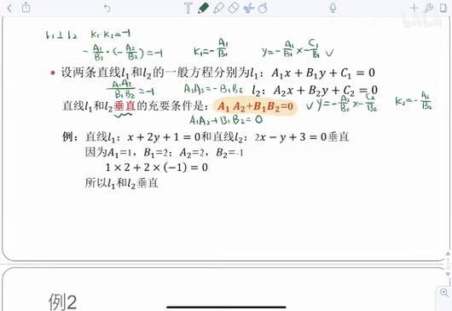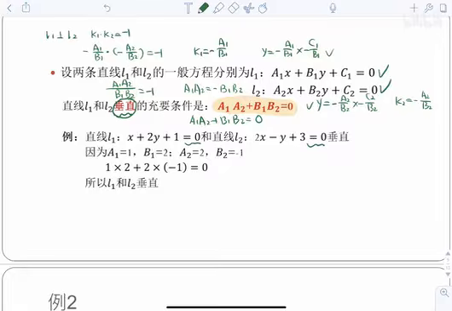So if I give you L1 and L2, you can find A1 times A2 plus B1 times B2 equals 0, and then you can judge these two lines are perpendicular. For example, L1 is x plus 2y plus 1 equals 0, and L2 is 2x minus y plus 3 equals 0.